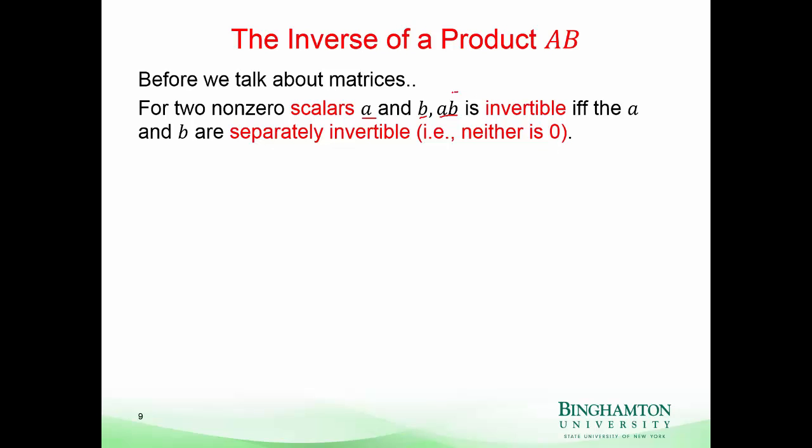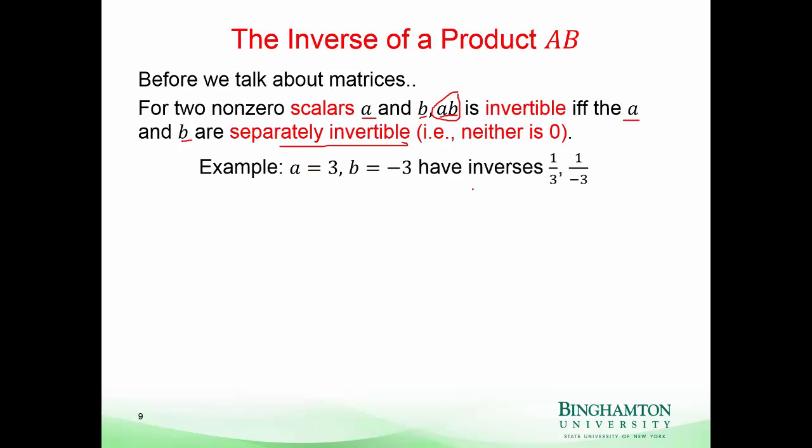And so we know that this number is invertible. So in other words, I can take its reciprocal, if and only if the A and B are separately invertible. So in other words, the product AB is not equal to 0 if and only if neither A nor B is equal to 0.